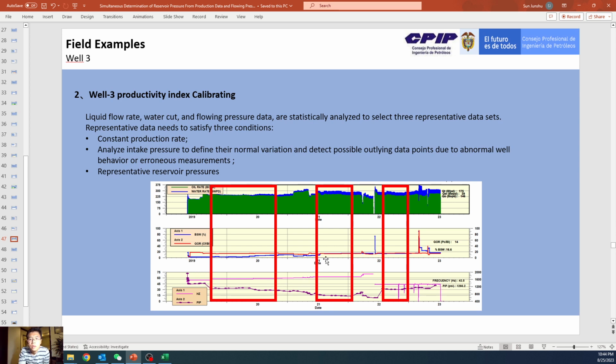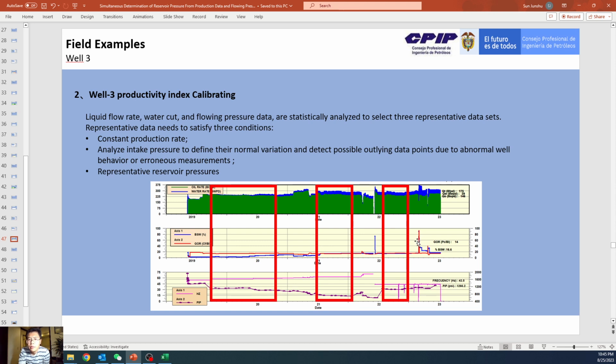Second period, July 2021 to January 2022. Flowing rate is around 300 barrels per day. ESP frequency 61 Hz. Intake pressure slightly declines.